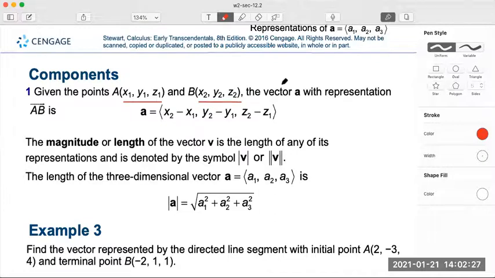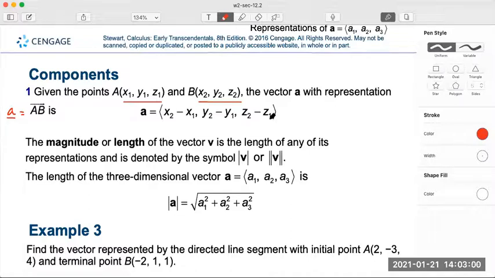Then the vector AB, from A to B, is defined as the coordinates of the terminal point subtract the coordinates of the initial point, which is x2 minus x1, y2 minus y1, and z2 minus z1. Some concepts, okay?